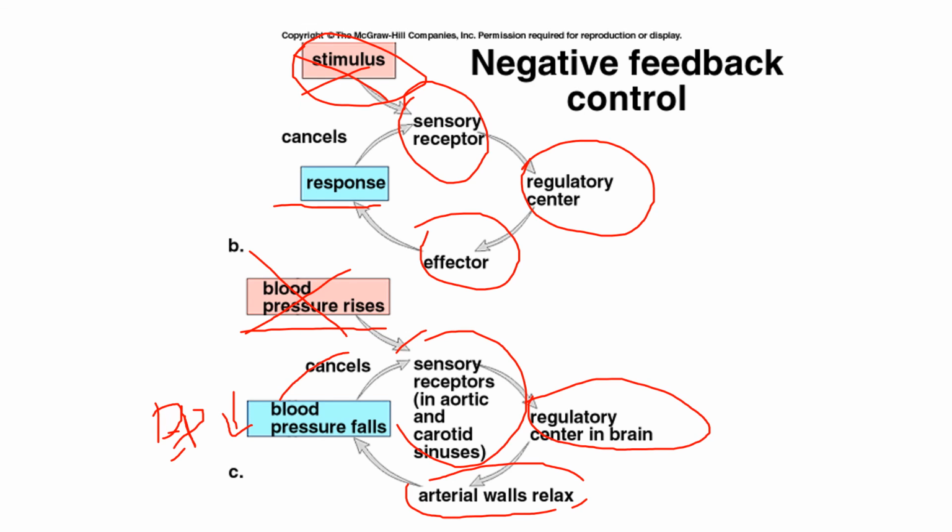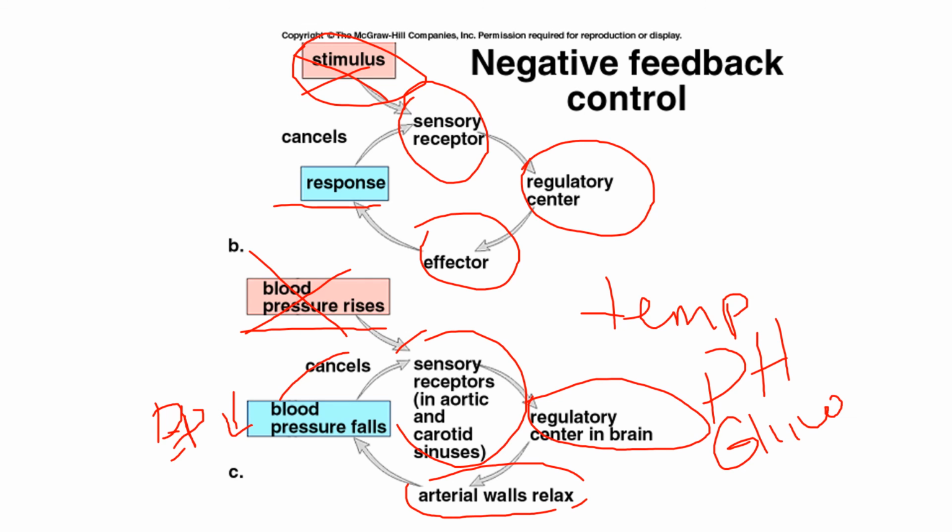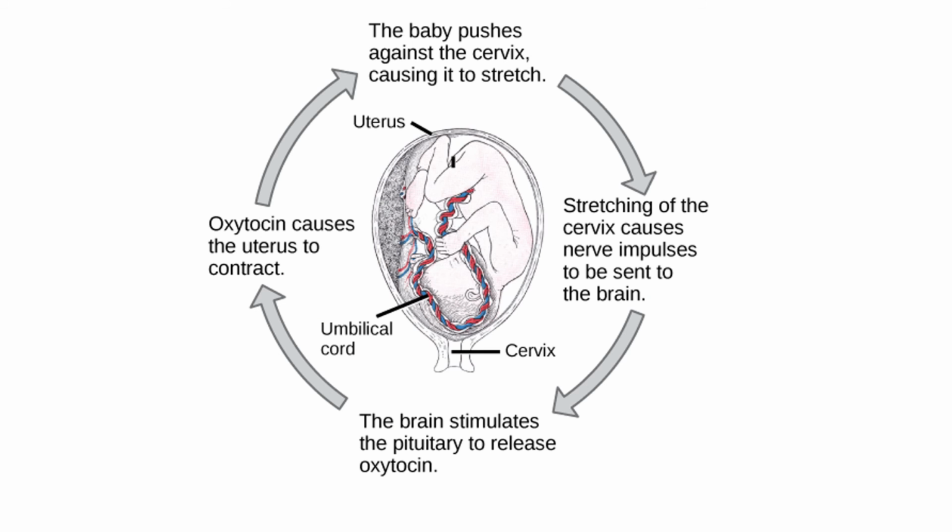Examples we see not only with blood pressure, but also temperature, which is regulated with negative feedback. Blood pH is also regulated this way, and blood glucose levels are another example of how negative feedback controls our internal environment.